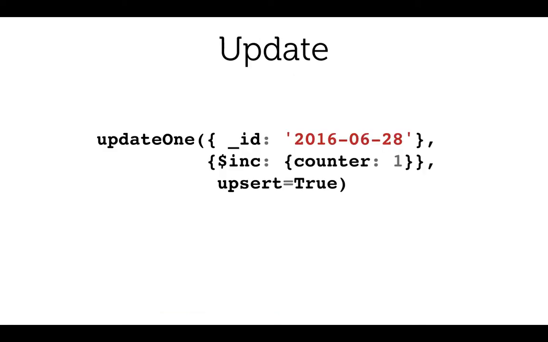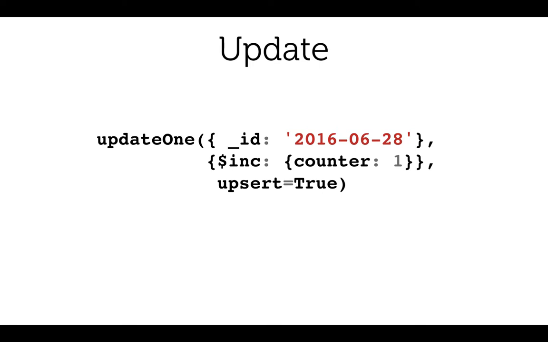The operation that we're going to try to do resiliently is this one. So this is an update_one, and it updates the document whose ID is today's date, and it's trying to count some sort of event. So it wants to increment a field named counter.